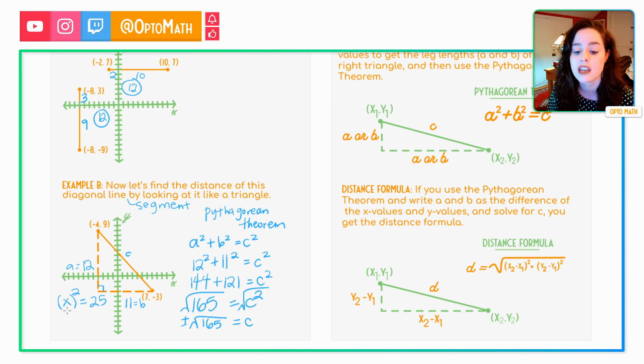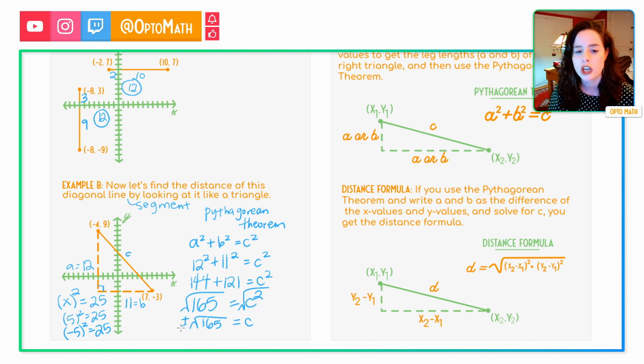But you can also get negative 5. Here's why. 5 squared equals 25. So we can see that x could be 5. But also, negative 5 squared is 25. Because again, a negative times a negative is a positive. So you always take the plus or minus.